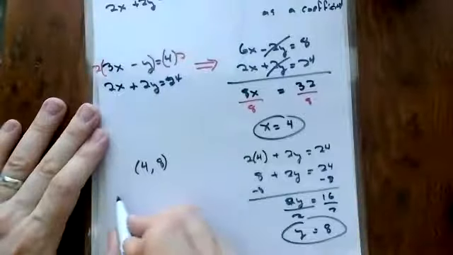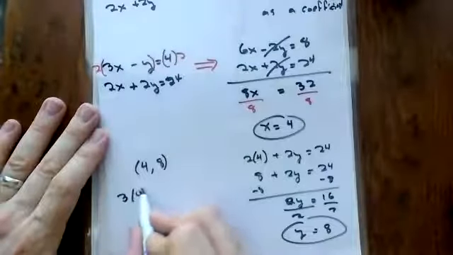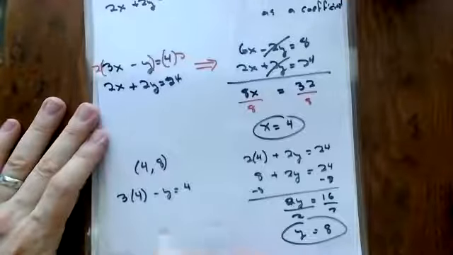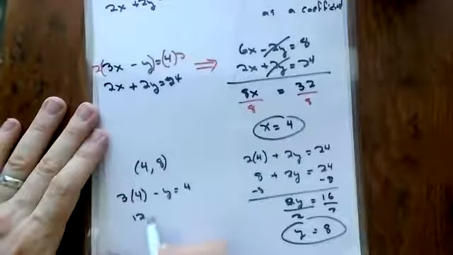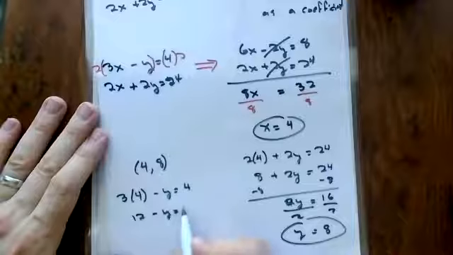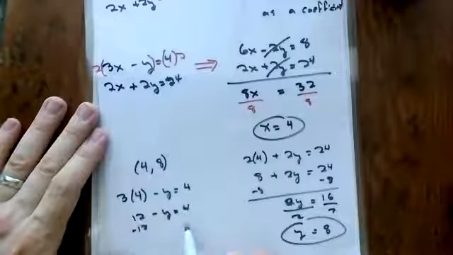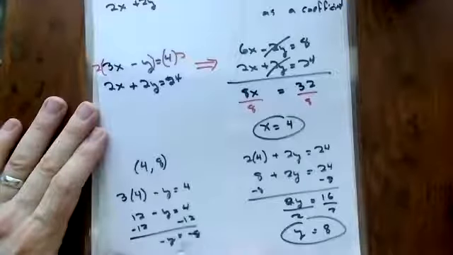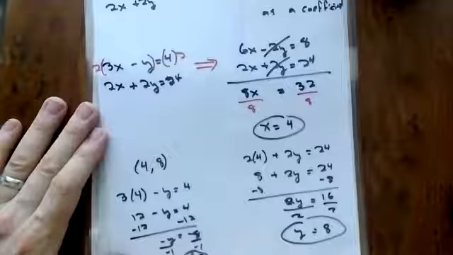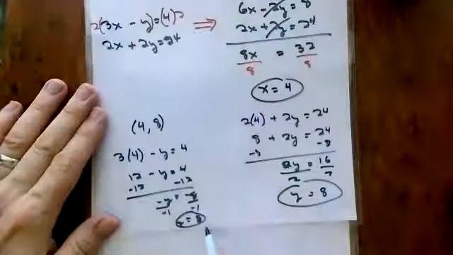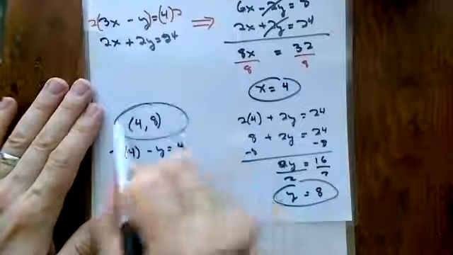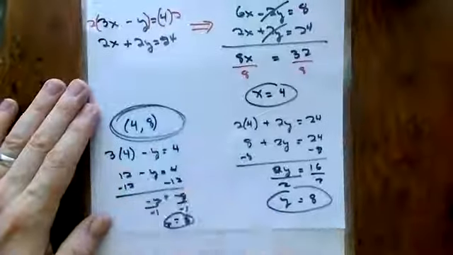If I do 3 times that 4 minus my y is equal to 4, 3 times 4 is going to be 12 minus my y equals 4. Sure enough, if I subtract 12 from both sides, I'll have negative y is equal to negative 8, divided by negative 1, y equals 8. Because I wasn't 100% sure, I checked my answer, and sure enough, it does in fact work.